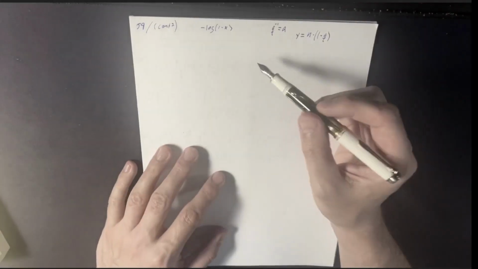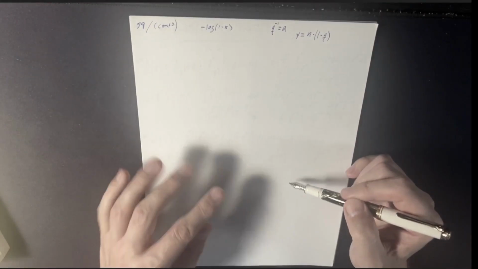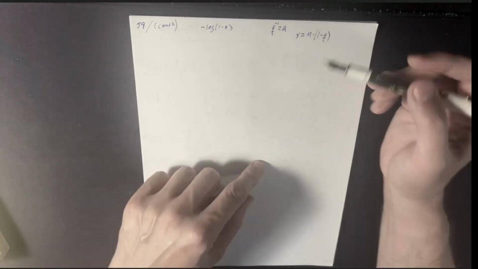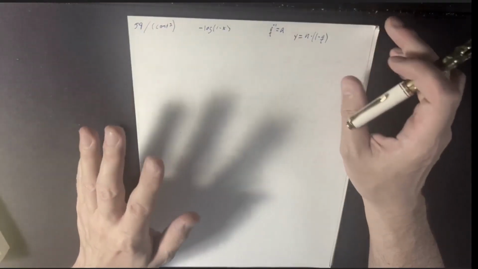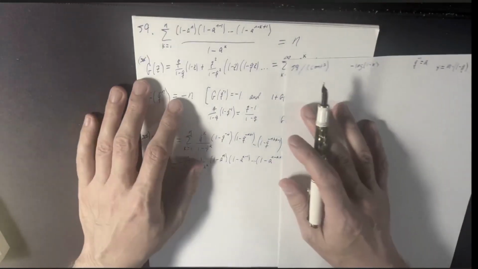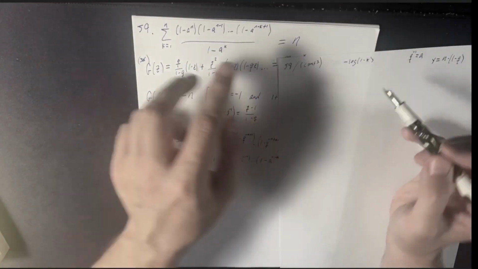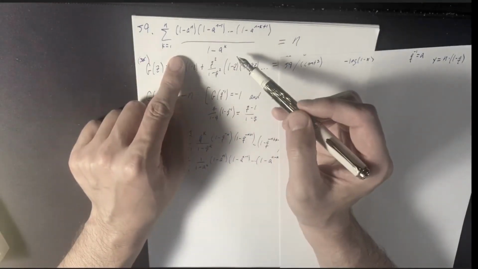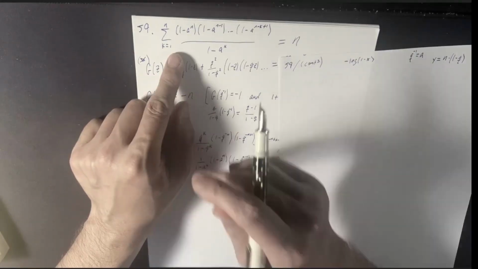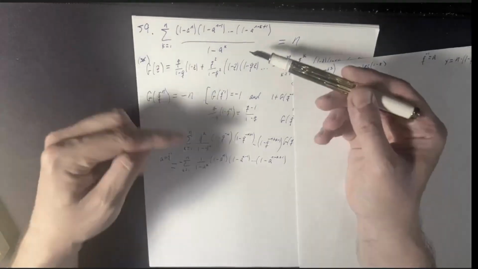I think what's happening is they're saying, well, it looks kind of like this, and they run through and see that it works, and then they go back and figure out what substitution would make that happen. Anyway, I still don't quite see how one would get from here to negative log, like, see this and be like, oh, that's just the power series for log. I don't know, man. But the funny thing is he's kind of going backwards.